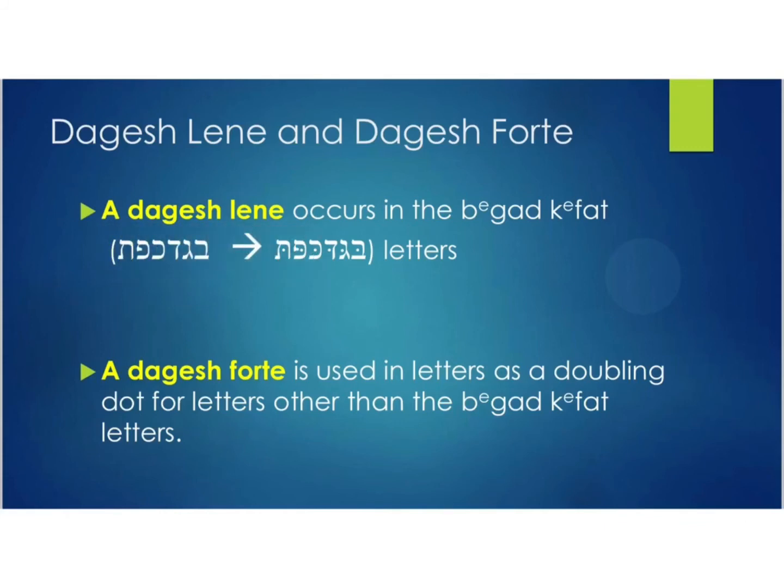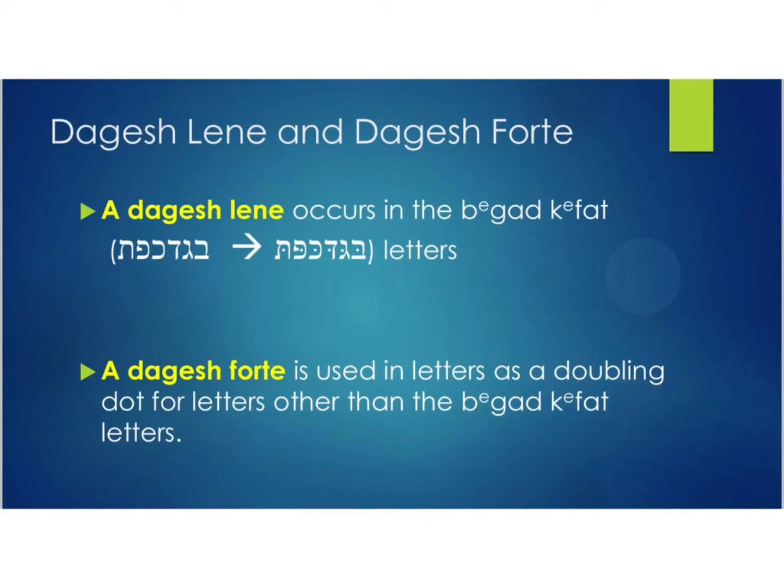Now, what is a Dagesh forte? A Dagesh forte is used as a doubling dot for letters. In English, we have examples like grammar where we use a consonant consecutively, that is, twice. But in Hebrew they don't. Instead of doubling a letter, they add a Dagesh inside a consonant, and that indicates a doubling of a letter or consonant.